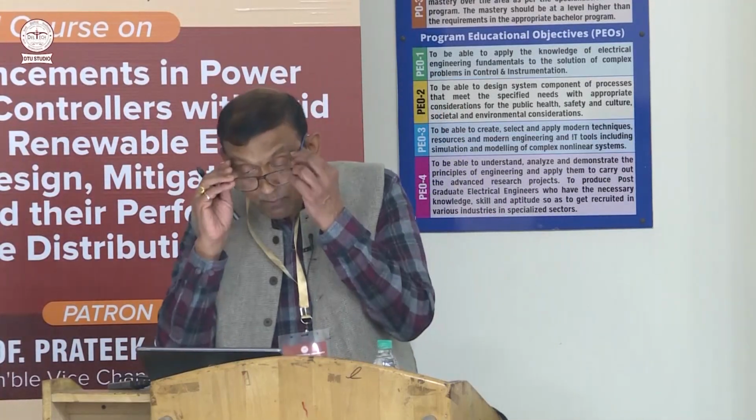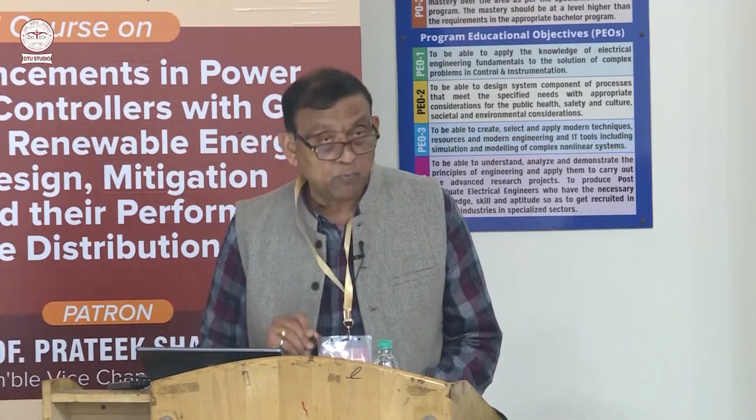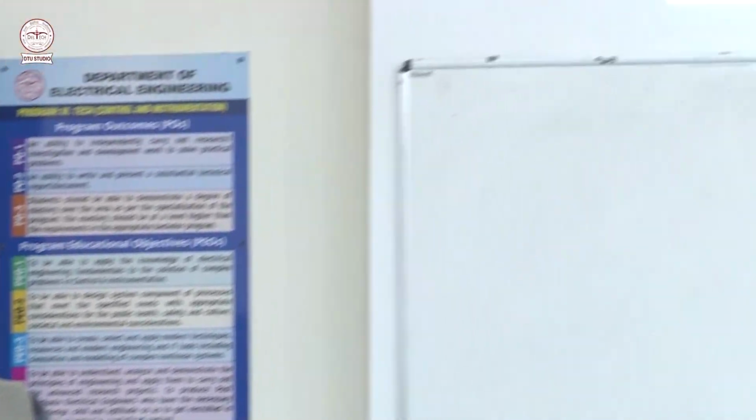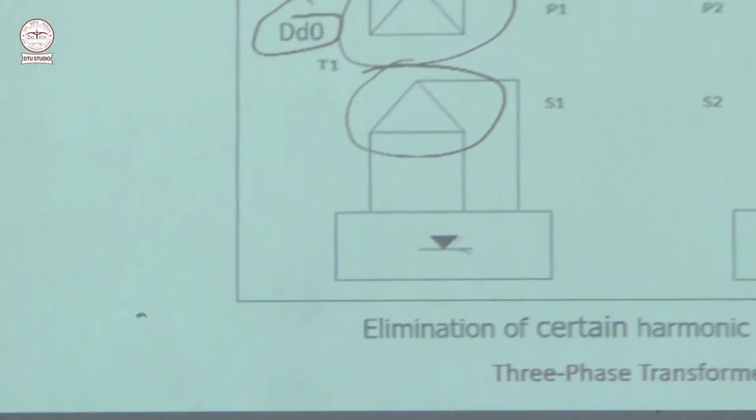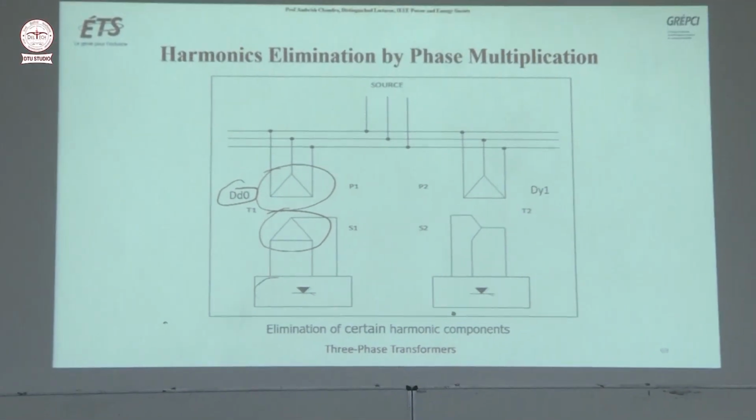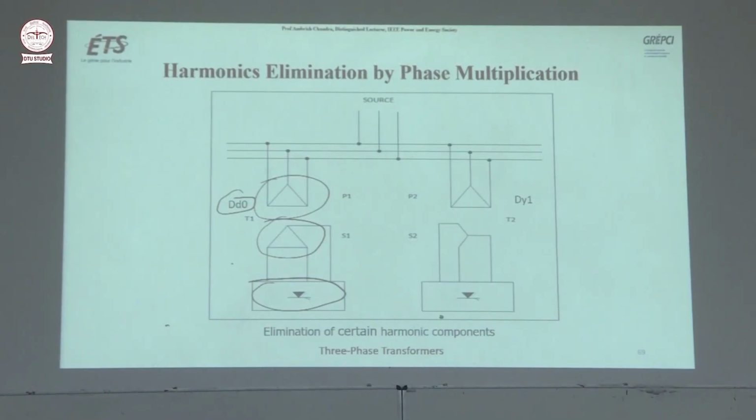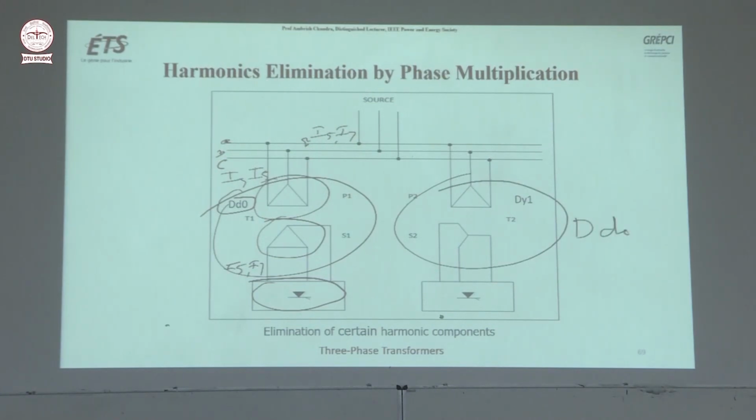What is the harmonic situation? Suppose we have a DD0 plant here, transformer, delta in the primary, delta in the secondary, and 0 degree phase shift. Now you have non-linear load here. So 5th harmonic and 7th harmonic are generated here, which will be transferred here, I5, I7, which will go here, I5, I7 in all the three phases, A, B, C. Now you have a similar transformer here, DD0, and these loads are identical.